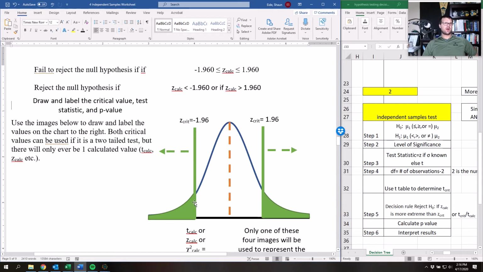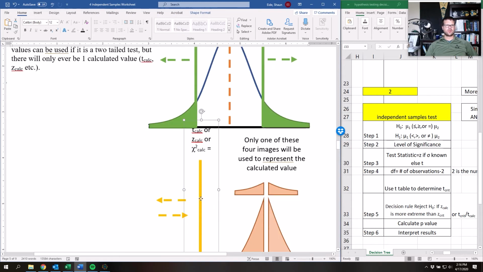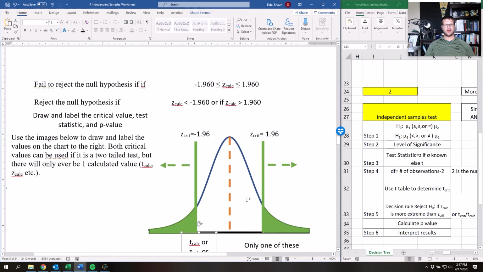If we have a z calculated value anywhere in the green area, then we are going to reject the null hypothesis. If we have a z calculated that is anywhere in the middle, we are going to fail to reject the null hypothesis. And so what we're going to do is find the z calculated value and put it on this as well. So what is the z calculated value?